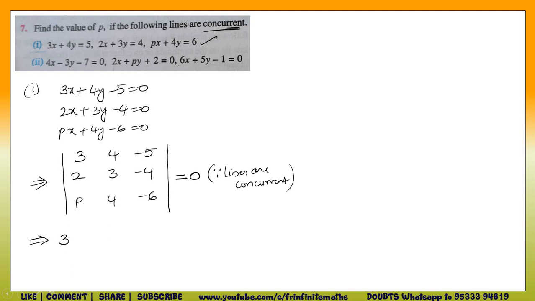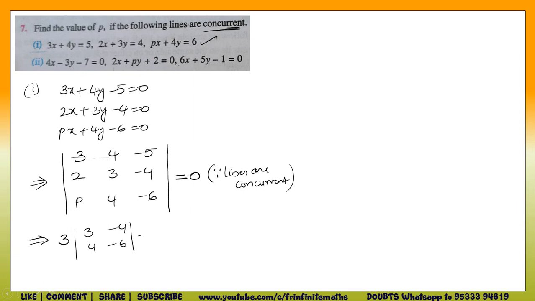First of all, 3 into, we will be taking its minor determinant, so 3 times of, when you eliminate this row and this column, what is the determinant that I have? I have |3 -4; 4 -6|.